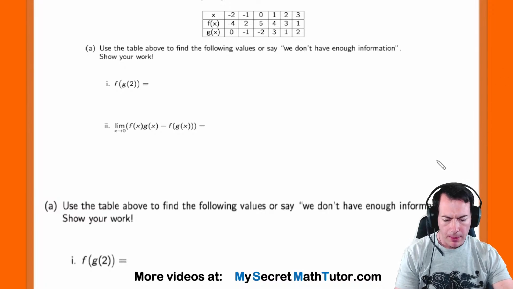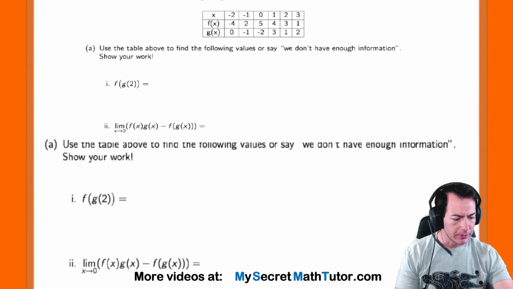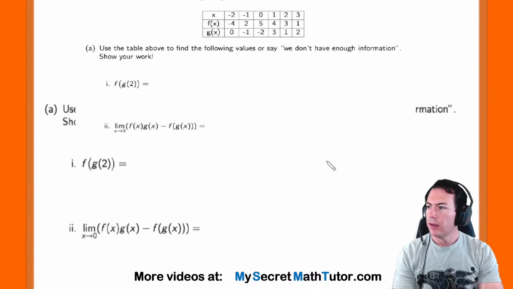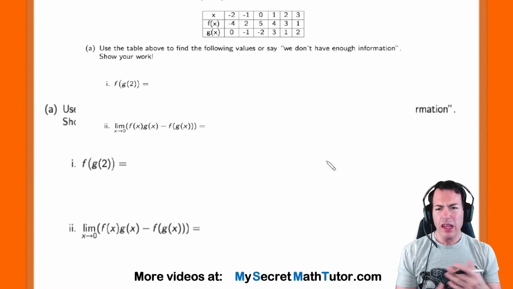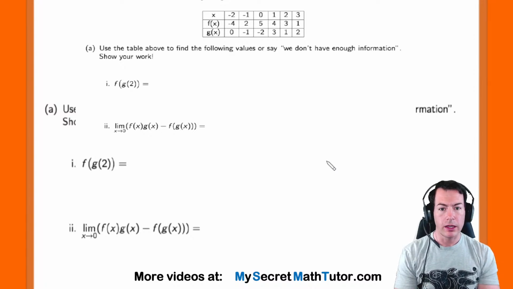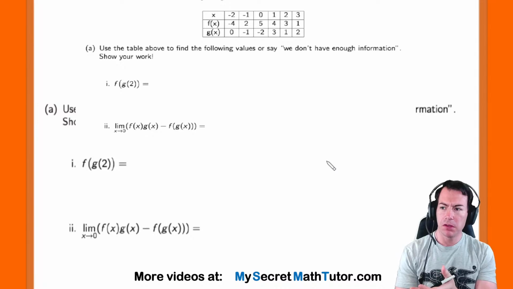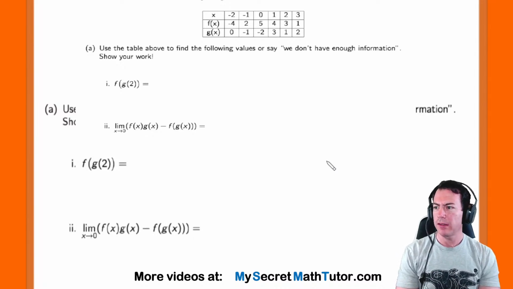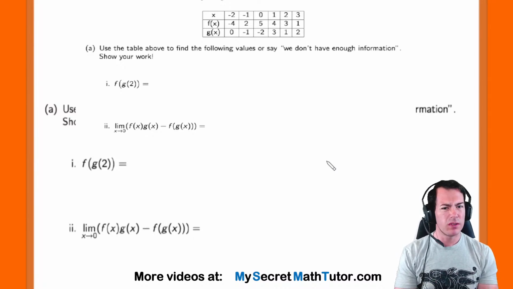Excellent. Okay. So what are we doing with this table then? So this table is really giving us information about two functions, f and g. And we're told that it is continuous on the interval that goes from -4 to 4. So we're finding some values of the function using this table.